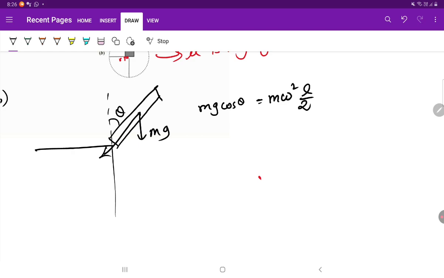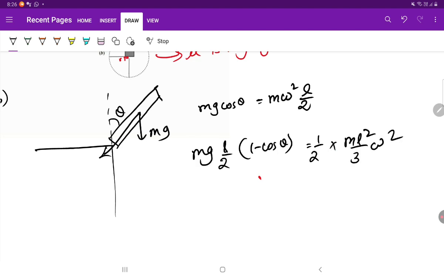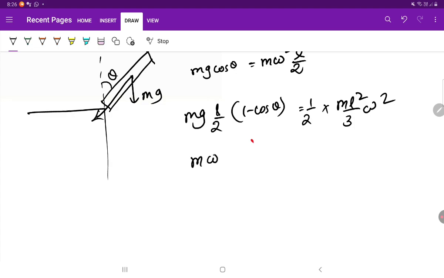Can we write here using work-energy that mg L by 2 times (1 minus cos theta) is equal to half times m L square by 3 times omega square. So I can say m omega square L by 2 is equal to 3mg by 2 times (1 minus cos theta).